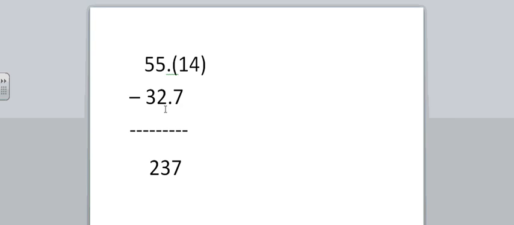My answer, however, is not 237. I have to bring it down, so my decimal comes right down and separates my ones from my tenths. So my answer should be 23.7 or 23 and 7/10. Again, my recommendation, ignore that decimal until the end and just bring it straight down into your answer.